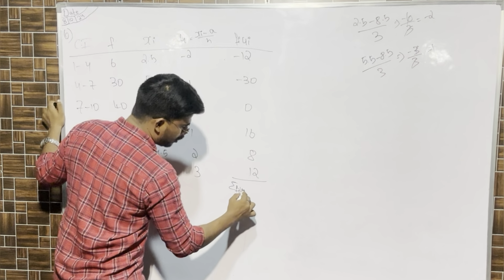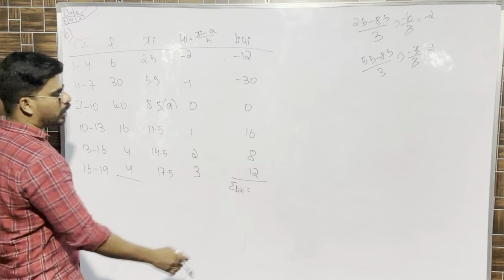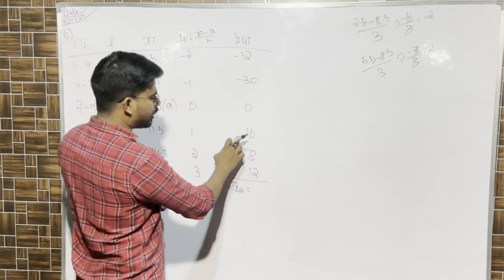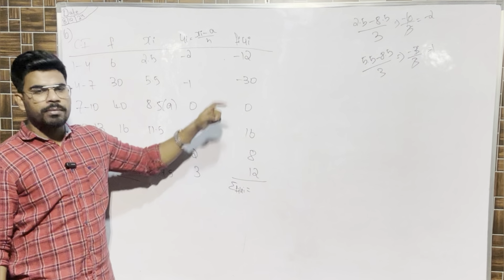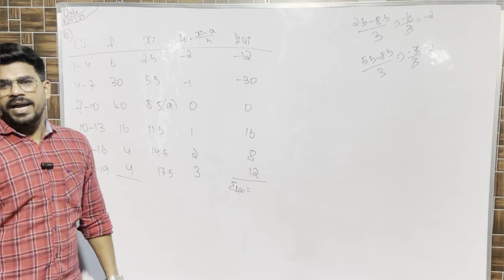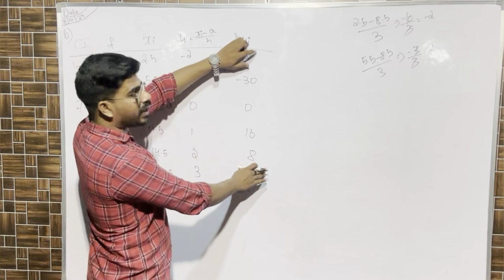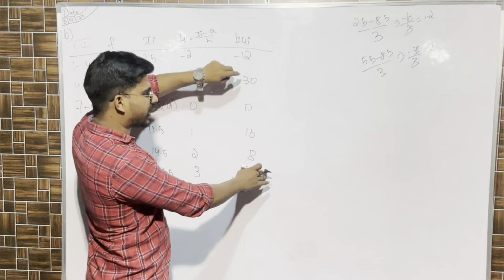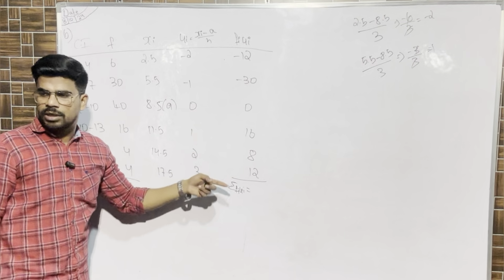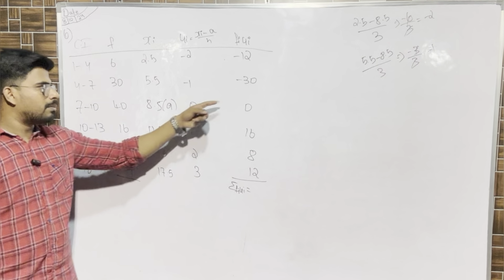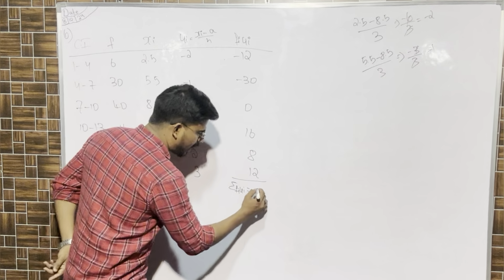Sigma fiui is equal to, 12 need not be considered. 16 plus 8, 24, plus 24 minus 30, minus 6. So 12 we are not considering because plus and minus got cancelled. Minus 30 is the only term which is minus. Plus we have two terms, 16 plus 8, which is nothing but 24. Minus 30 plus 24 is nothing but minus 6.